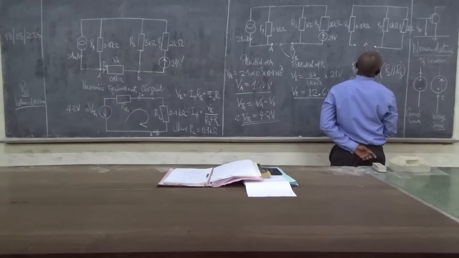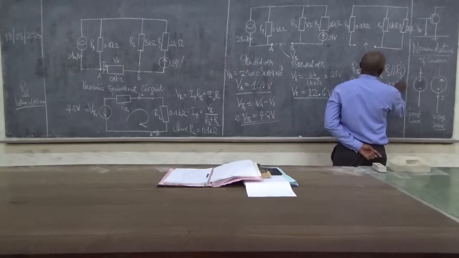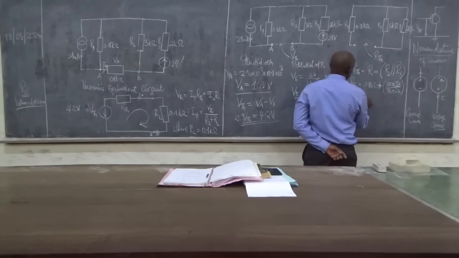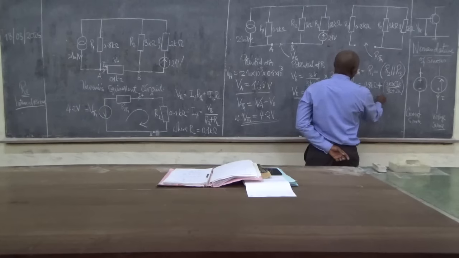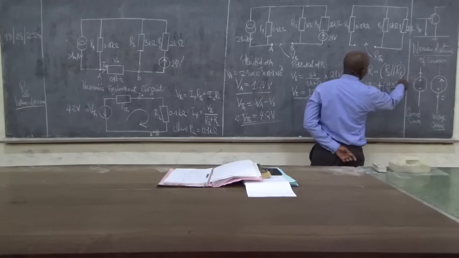So add on, over 5. So this is k squared, this is k, 1k will go.